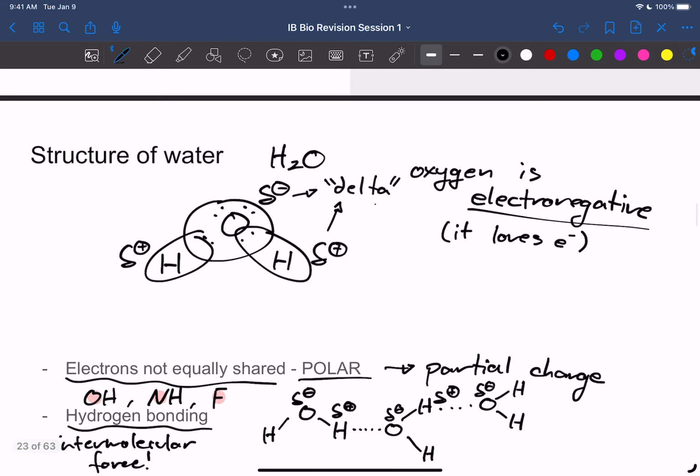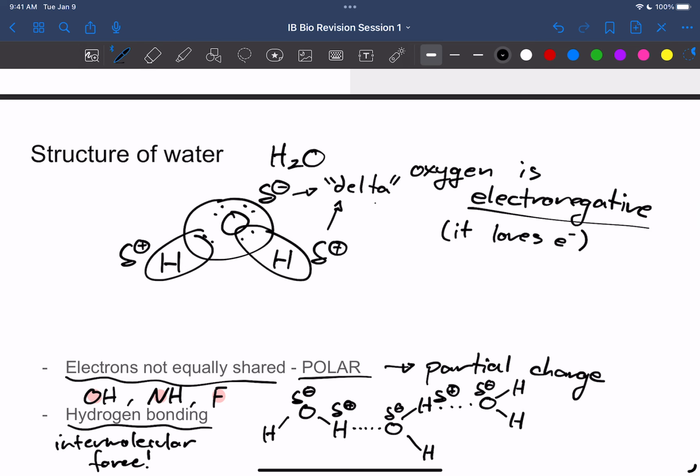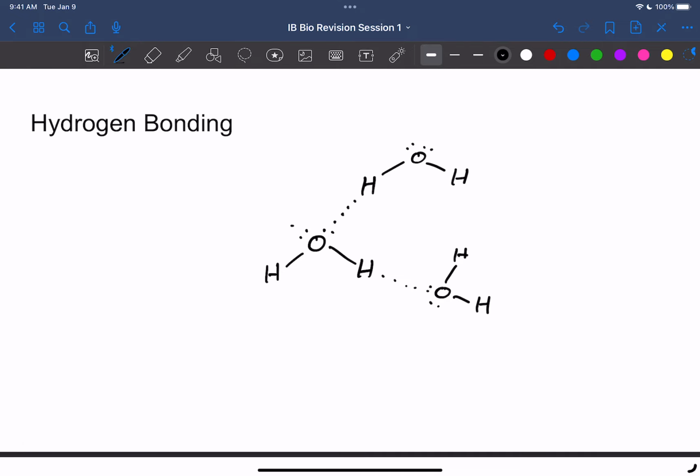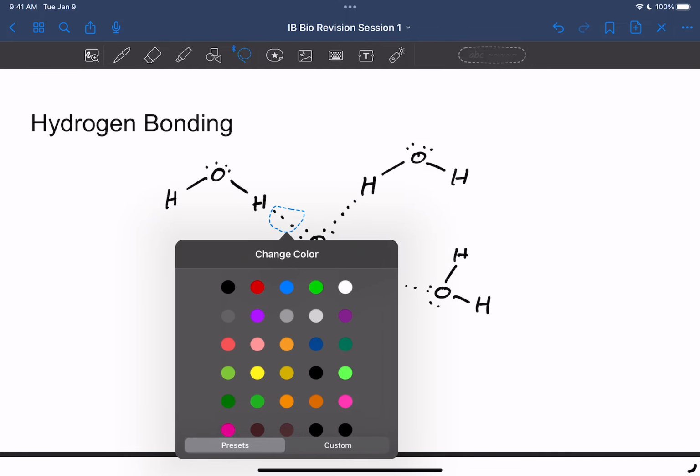Oh, and something I wanted to mention, because oxygen has these little lone pairs, this takes on a bent conformation. But yeah, just gonna show a little more of this. And you know what? We're gonna spice it up a little, and we're gonna make these a different color because I feel like this might be a little confusing. Let's make it blue.